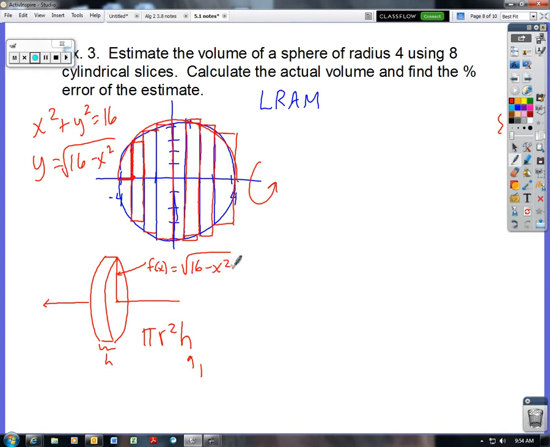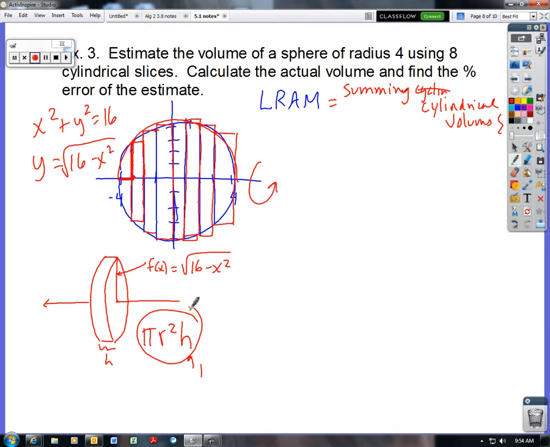Great, so now we can go ahead and do our sums. What I'm doing here is summing the cylindrical volumes. And the volume of the cylinder is pi r squared h. Now, I've got a pi, and my h is going to stay constant because they all have a width of 1.